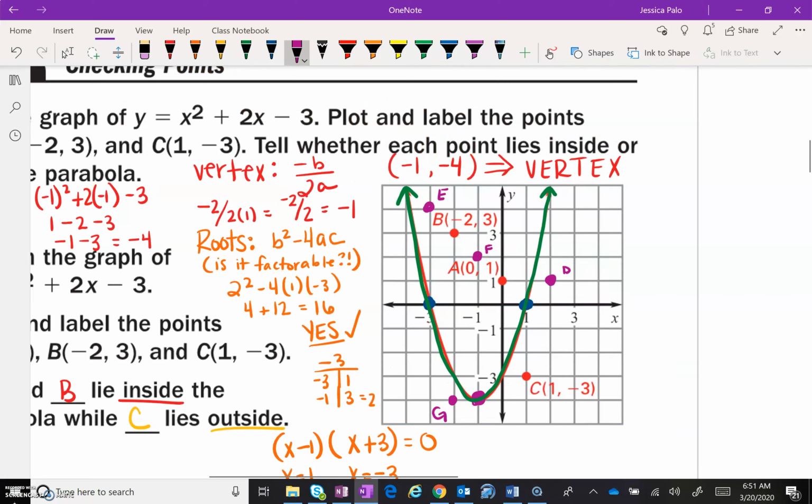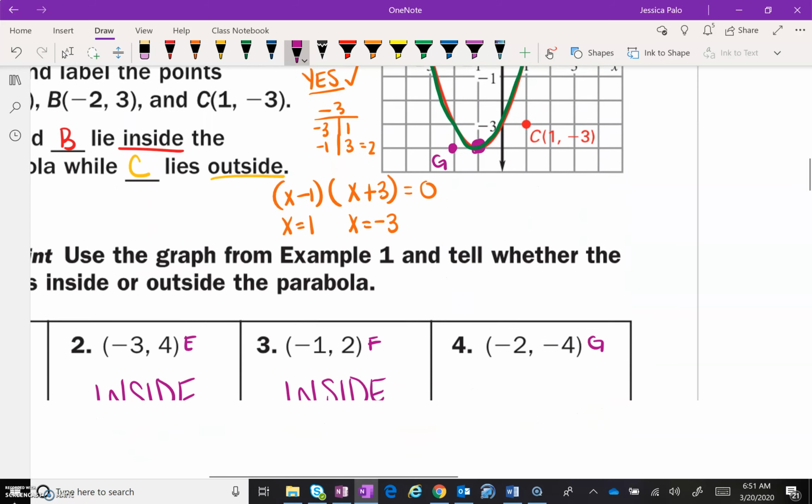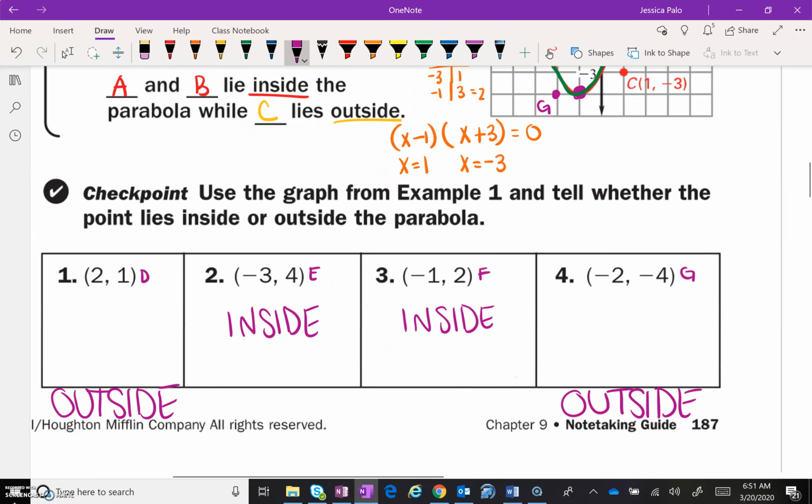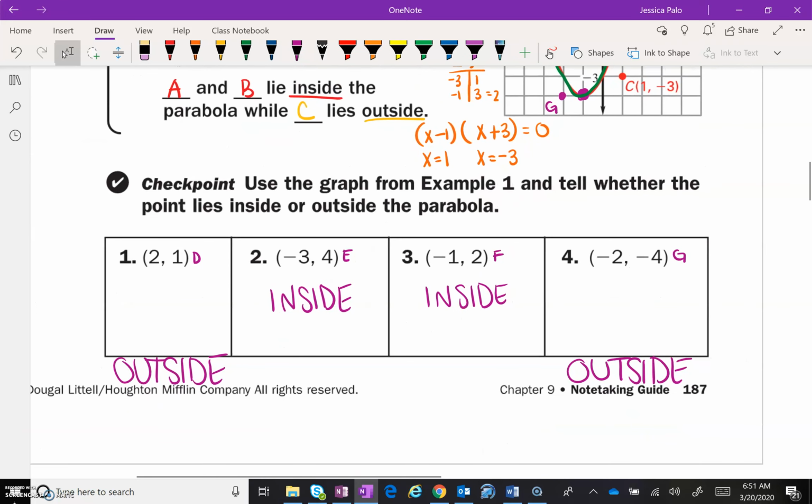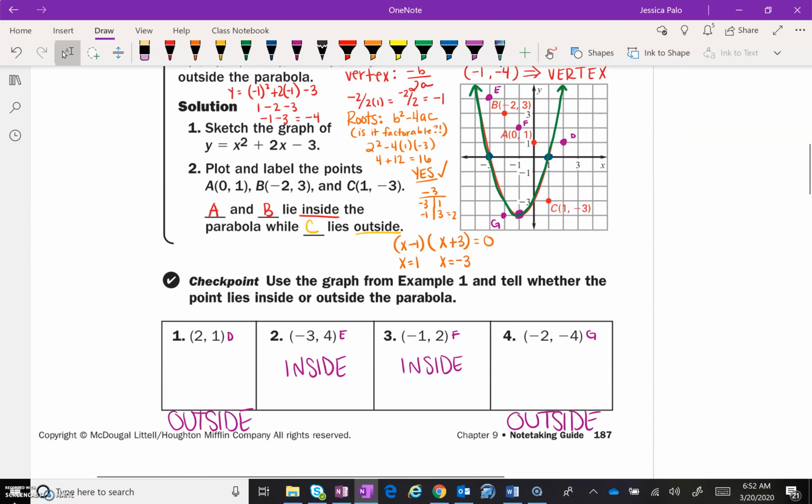So here are the coordinates. I just labeled them starting with D, E, F, and G. So if you come down, here are your answers. D is on the outside, E and F are on the inside, and G is on the outside of the parabola. See what I did there?